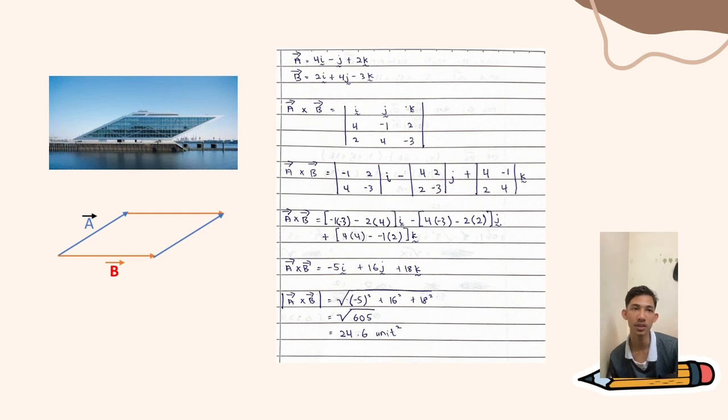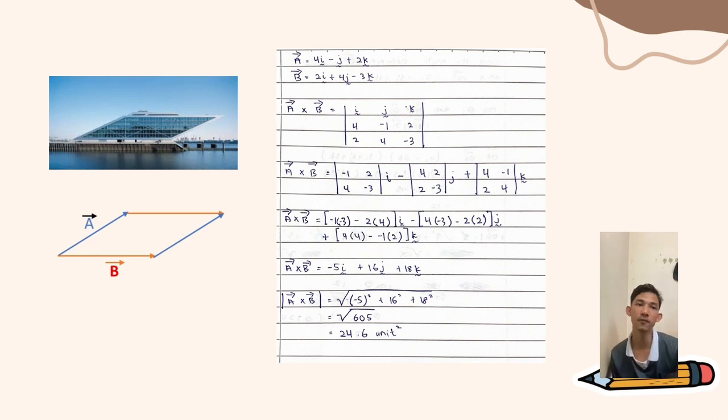Vector A cross vector B equals negative 1 times negative 3 minus 2 times 4 i, minus 4 times negative 3 minus 2 times 2 j, plus 4 times 4 minus negative 1 times 2 k. So we get vector A cross vector B equals negative 5i plus 16j plus 18k.